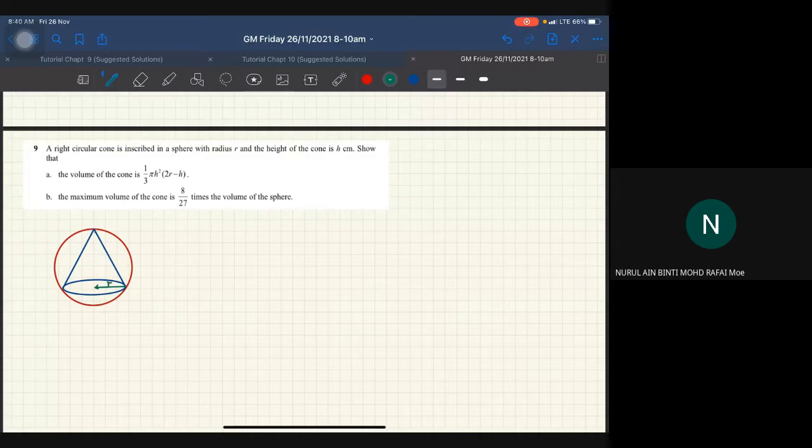Okay, so fokus kita dekat sini adalah volume of the cone. What is the formula for volume of cone? Pi r square h over 3. So V is equal to pi r square h over 3.